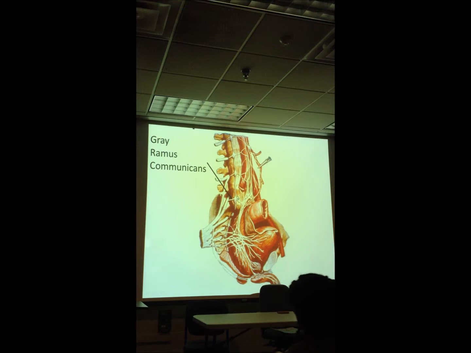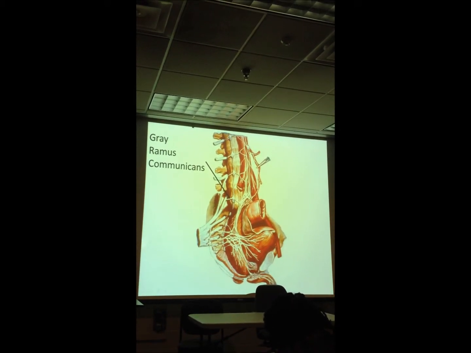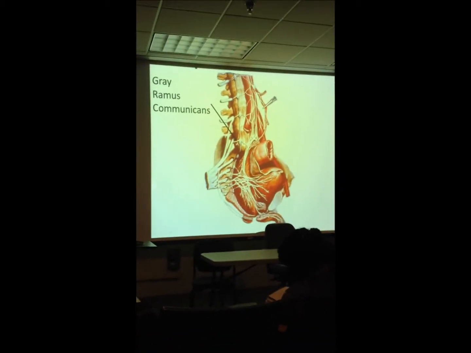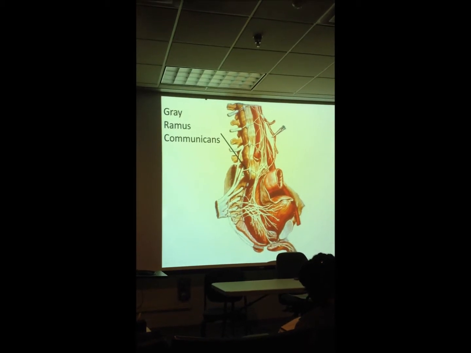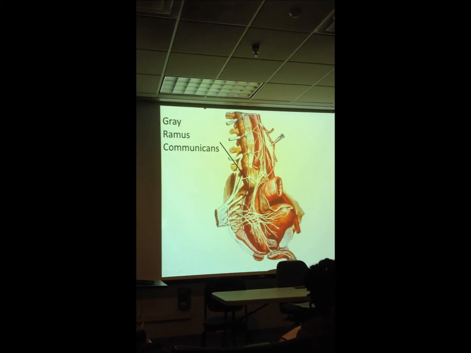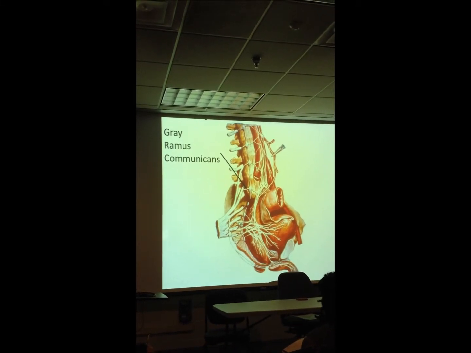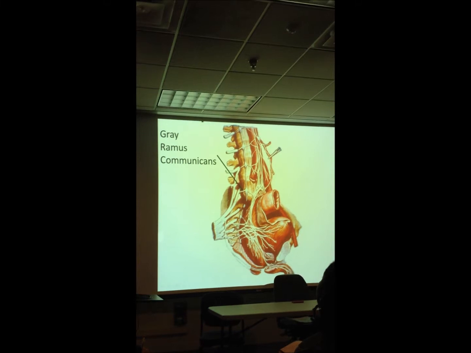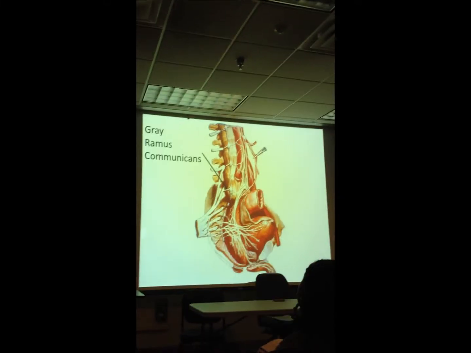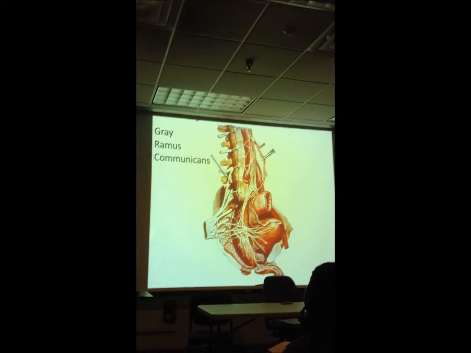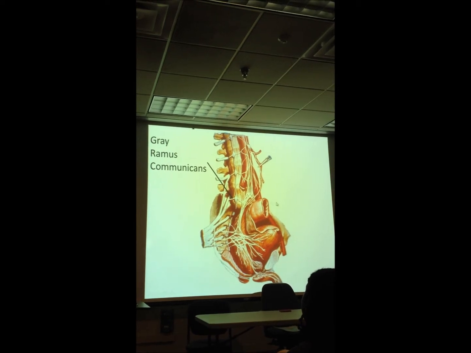So by definition, a gray ramus communicans connects a sympathetic ganglion to a spinal nerve. The fibers are going in this direction, from the sympathetic ganglion to the spinal nerve, as opposed to these ones down here. These are pelvic splanchnics. Pelvic splanchnics are passing from the spinal nerve towards the pelvic plexus. They're going in the reverse direction. These are passing out of the sympathetic trunk, going into the spinal nerve. I can tell you more about the story there, but I think we're just going to keep rolling.